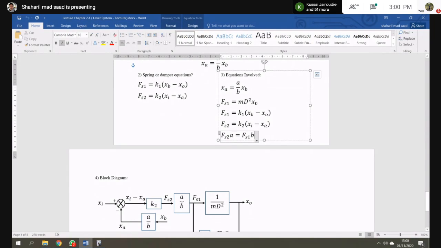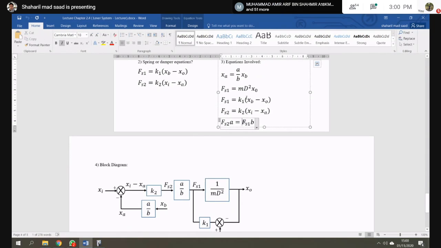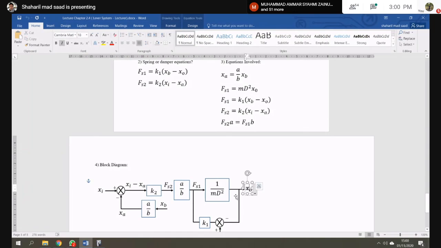And then you multiply with A over B, you can get FS1, done. And then FS1, you can solve for equation number 3. You multiply with 1 over M d squared, you can get X naught. And then from that one, you can solve another equation.